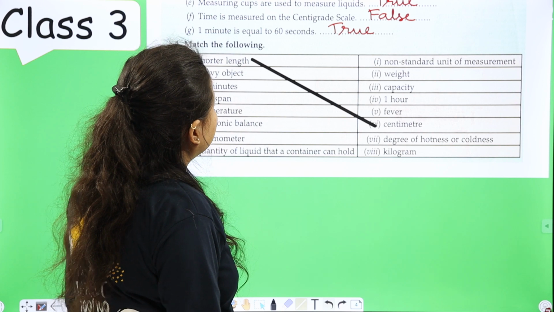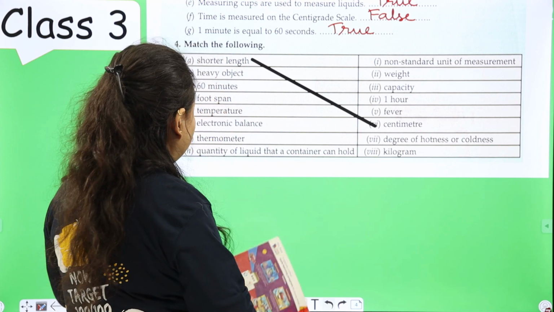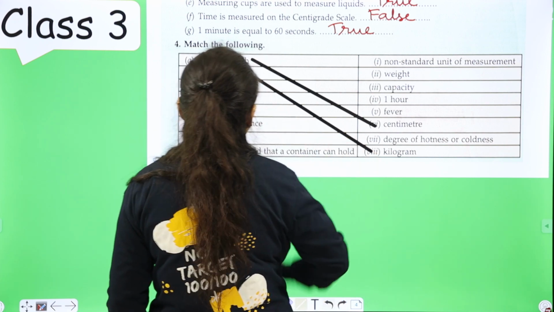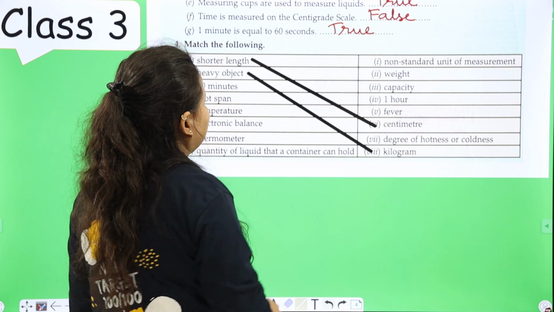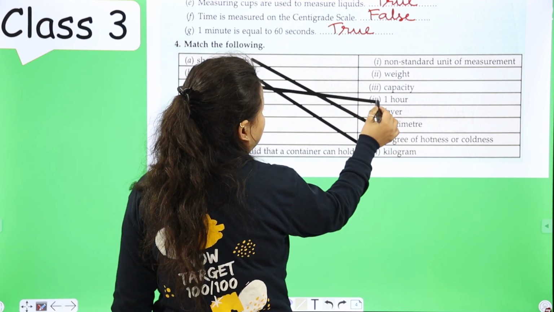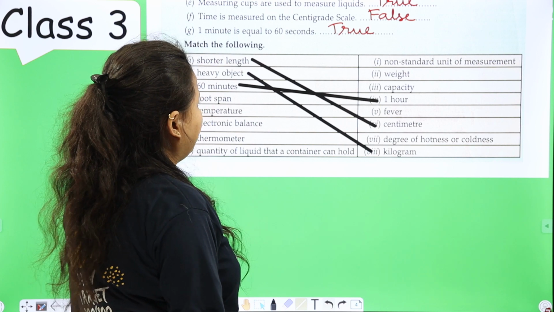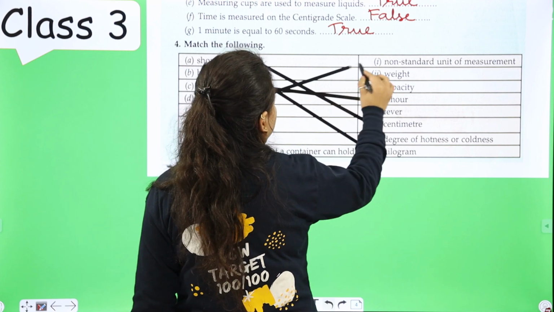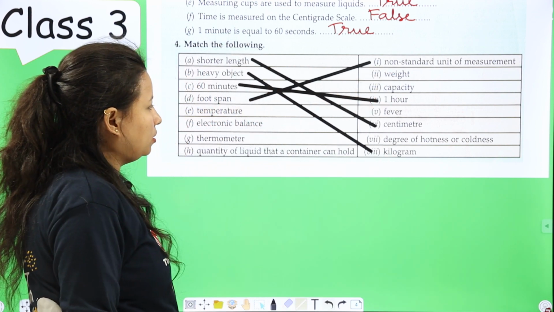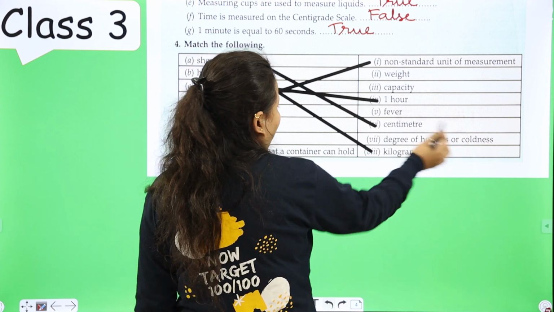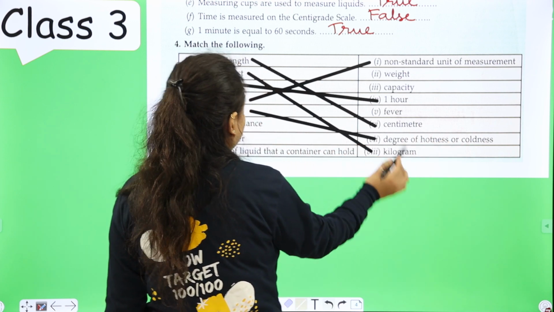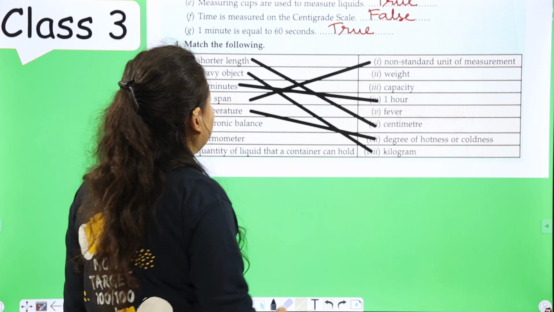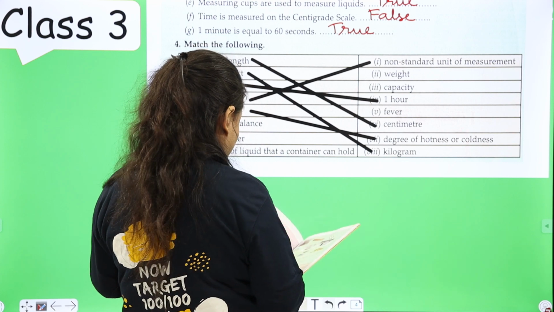Heavy objects means kilogram. 60 minutes means 1 hour. Foot span is a non-standard unit of measurement. Temperature, degree of hotness or coldness. Electronic balance means weight.